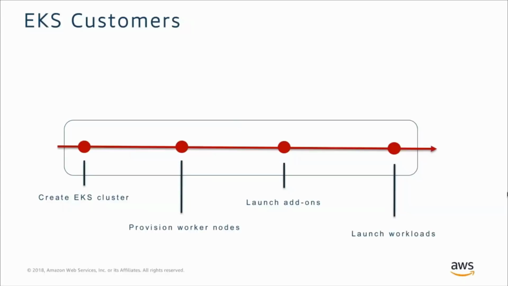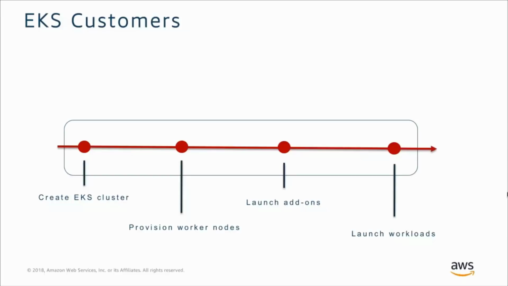So how does it look in terms of creating an EKS cluster from 0 to launching your workloads? It involves 3 major steps, and then you can deploy your workloads. The first thing is you create your EKS cluster, and then you bring your worker nodes, your EC2 instances, onto your EKS cluster.